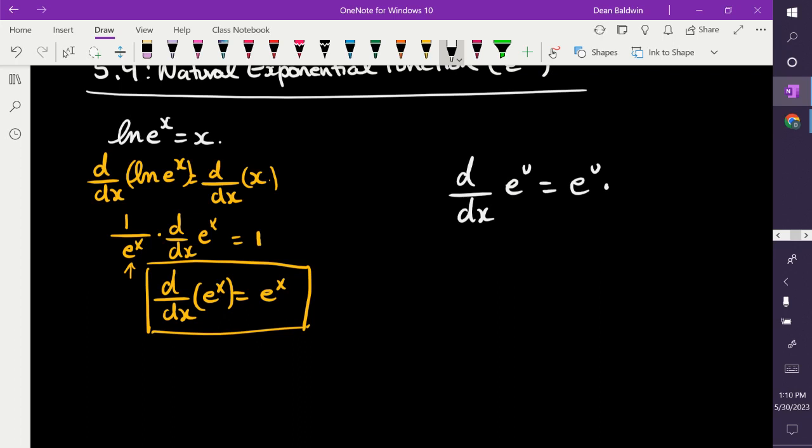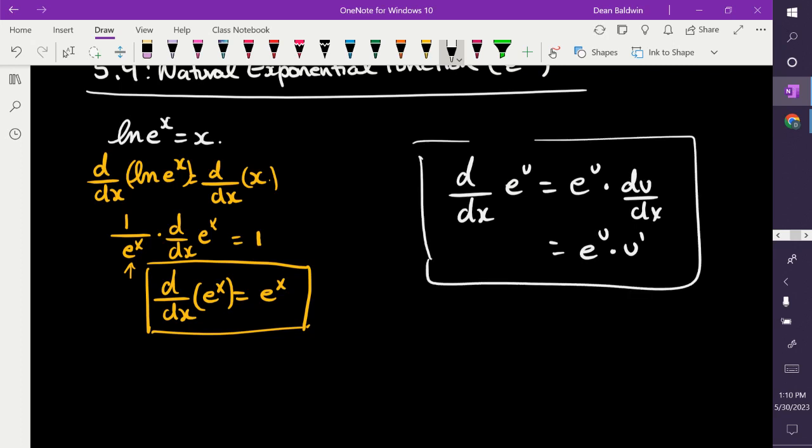You have to use chain rule, right? I'll say du dx, but really it's just e to the u times u prime, whatever the derivative of the exponent is. The derivative of e to the anything is straightforward. It's just that thing times the derivative of the exponent.